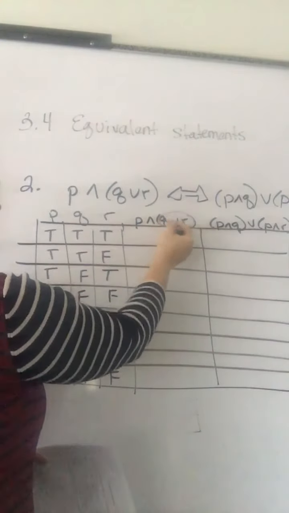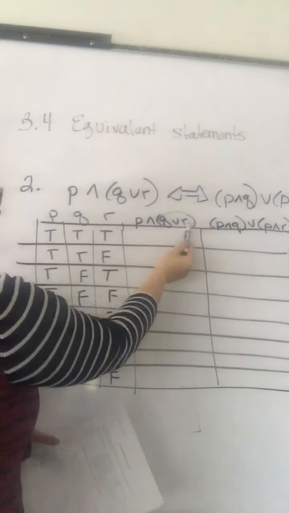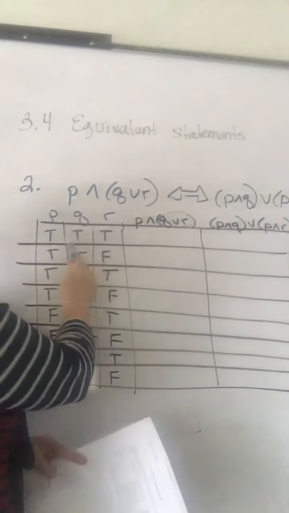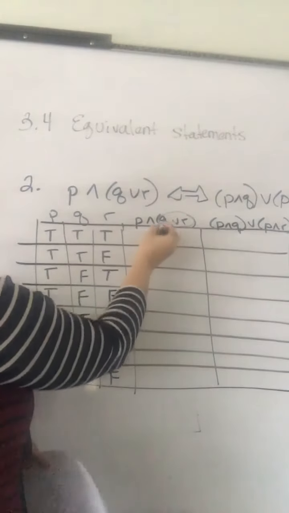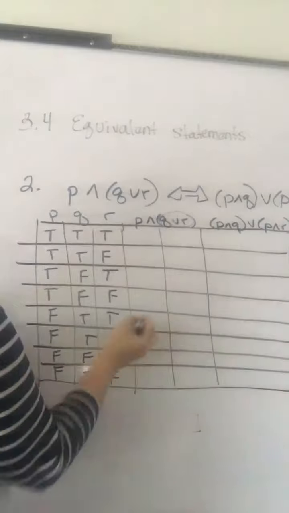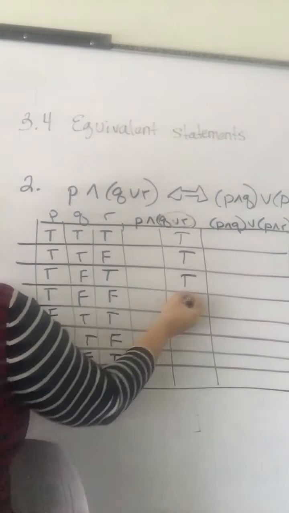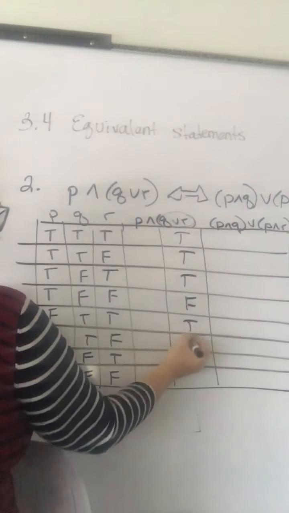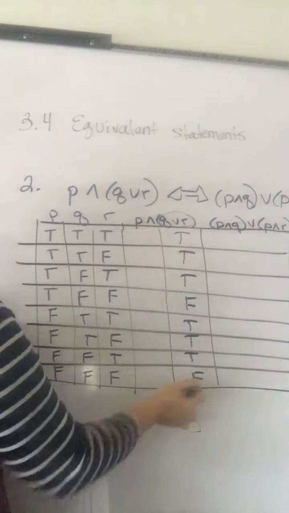I think if there are no negations in it, I'll just look over here, Q or R. So I'm going to focus on columns Q and R, and using the OR rule, it just takes 1 true. So true and true is true, true and false, and so on. Here's a false, false, and a false, false. That's the answer to that parenthesis.